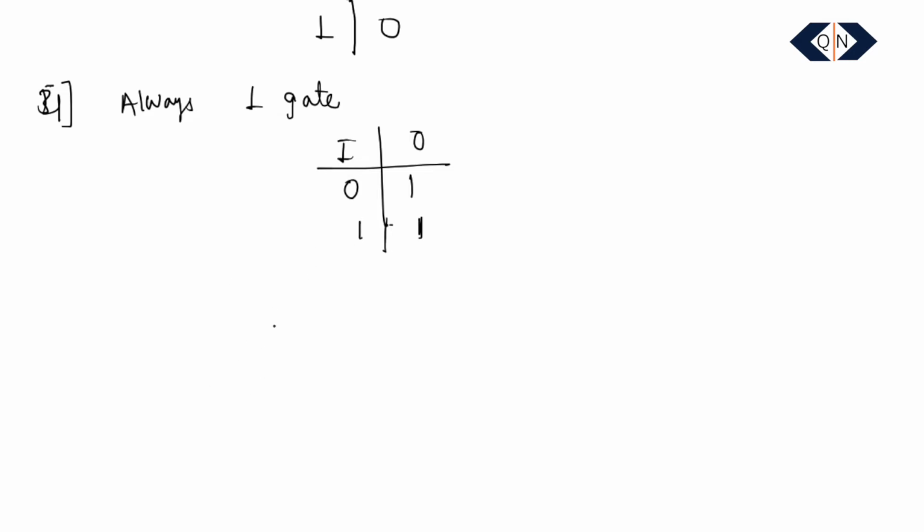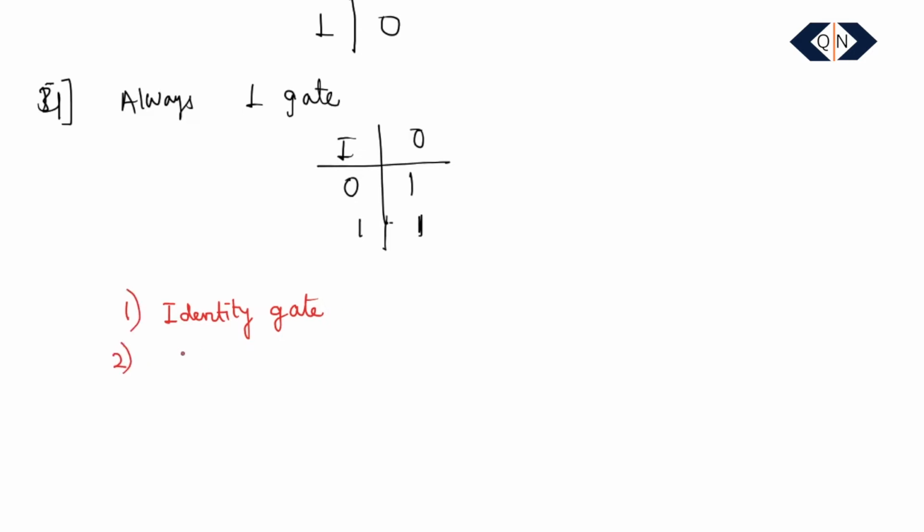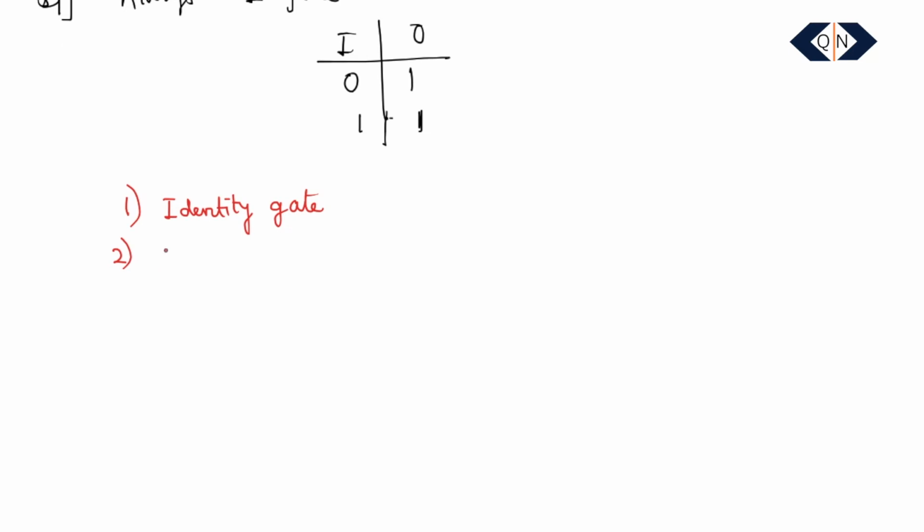So we have looked at the buffer gate, or identity gate. Then we have looked at the NOT gate. Let me write: identity gate or buffer gate. Don't get confused with the name. Then second we have NOT gate or inverter gate.